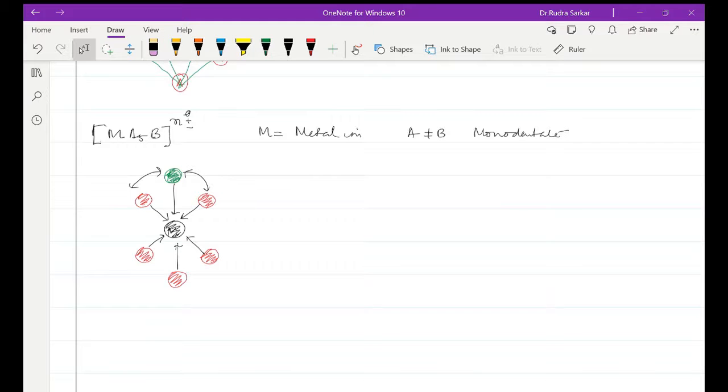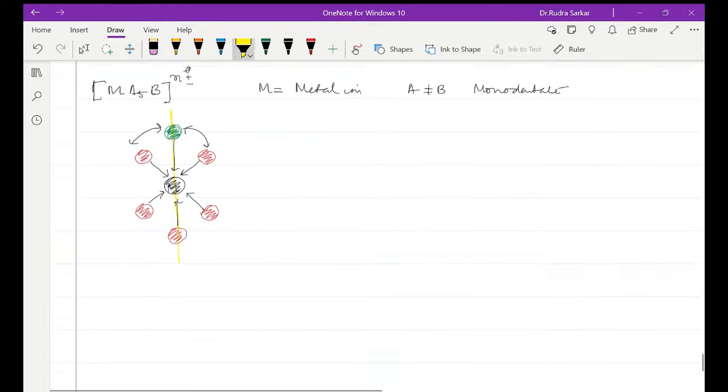Okay, where should be the plane of symmetry? The plane of symmetry should pass right through the middle of the green sphere, dividing it into two equal halves along the z direction. So there can be no optical isomerism. Optical isomerism will only be shown in octahedral complexes when there is no plane of symmetry.